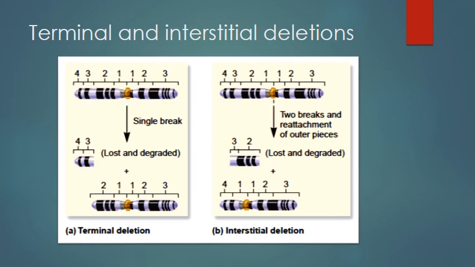Deletion can also be created when recombination takes place at an incorrect location between two homologous chromosomes. The products of this type of aberrant recombination event are one chromosome with a deletion and another chromosome with a duplication.